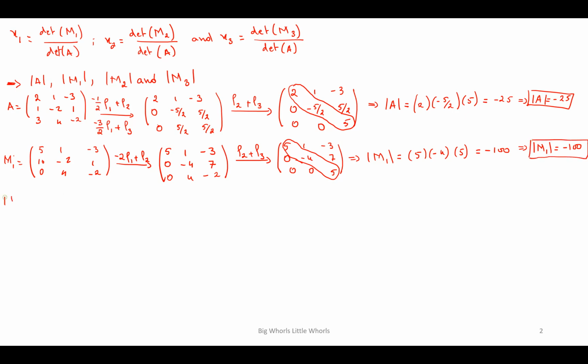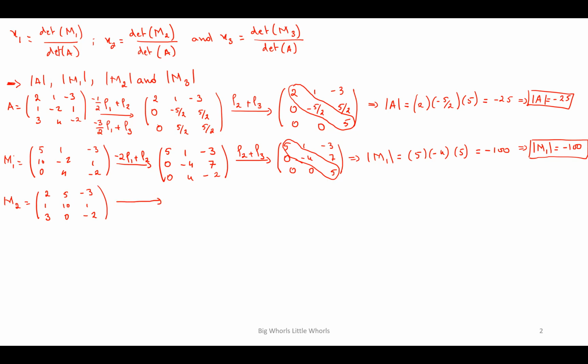Now let's find the determinant of M2. M2 is equal to 2, 1, 3, 5, 10, 0, minus 3, 1, minus 2. So Gauss's method.